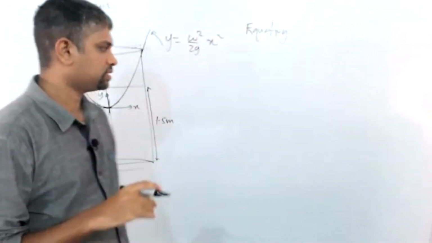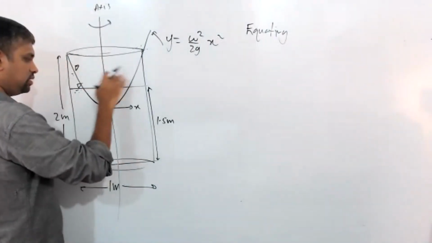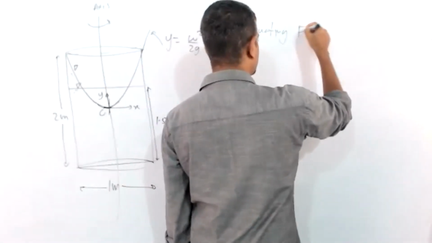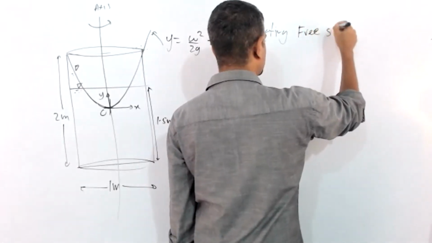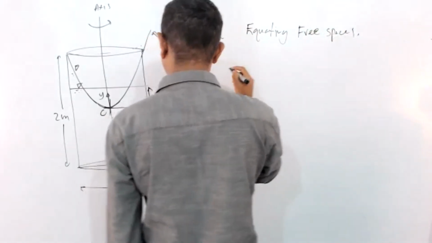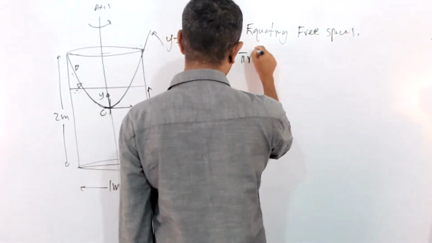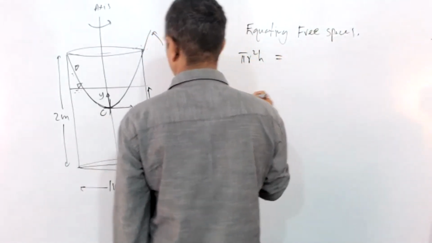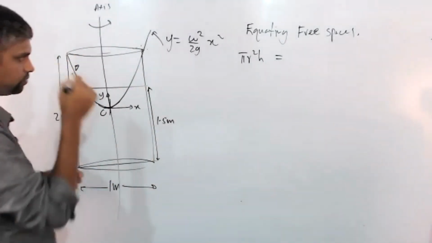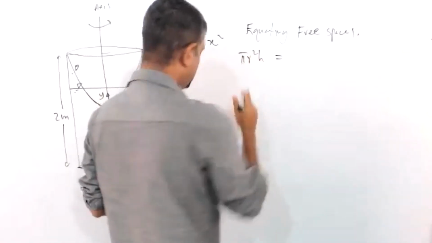And in most cases, as I explained earlier, it is easy to equate the free space. So the original free space is pi r squared h. It's a cylinder, no?